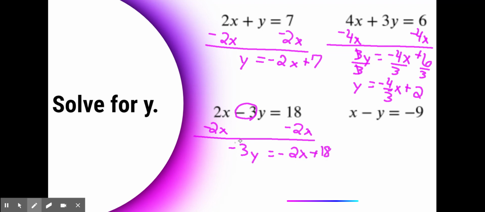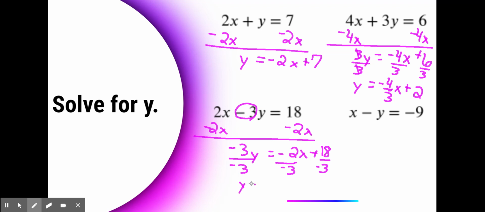Now, this is negative 3 times y, so my inverse operation is to divide, and I want you to divide everything, every term by negative 3. Okay, now be careful with your signs here. The negative over a negative and 3 over 3, that becomes 1.